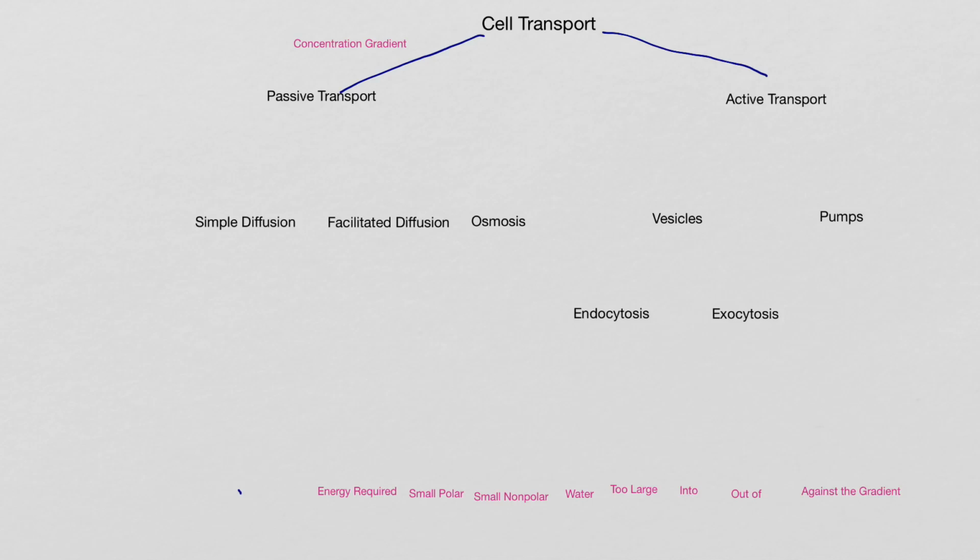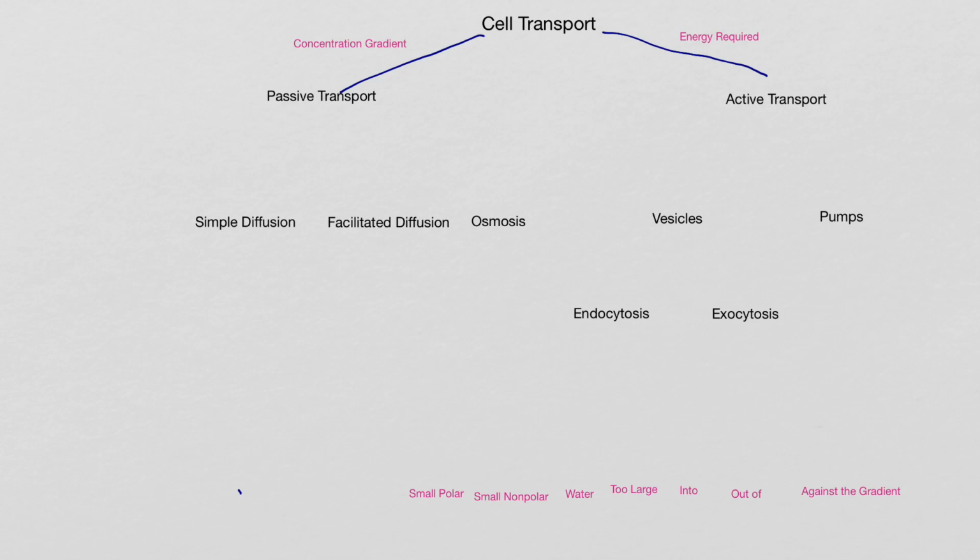So you have to use energy, typically in the form of ATP, to move those other types of things across the cell membrane. So, again, remember, anytime that you're doing active transport, energy is required, and you would not have the concentration gradient to make it go naturally.